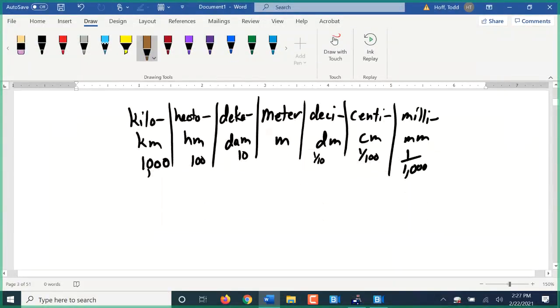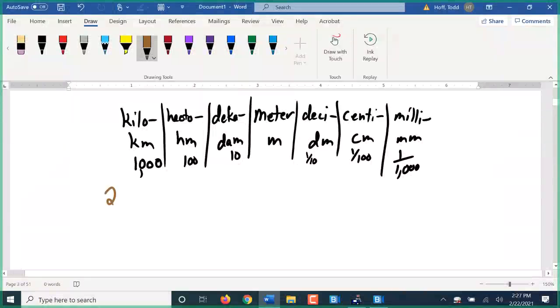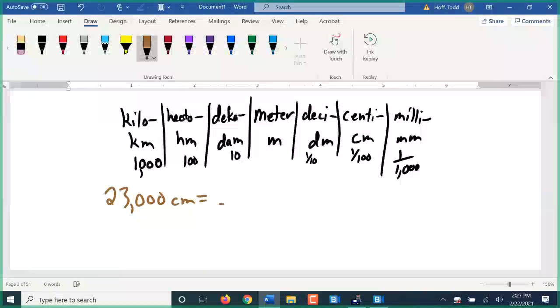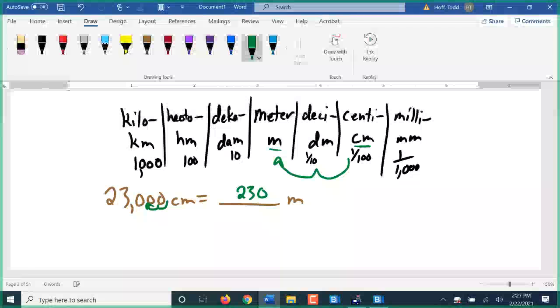As we saw, if we had 23,000 centimeters and I wanted to go into meters, I would look at my chart from centimeters to meters. I would move 2 spots to the left. So to do my conversion in linear units, regular length units, I just move my decimal point 2 spots to the left. 23,000 centimeters is 230 meters. But what if it's not meters and centimeters anymore?